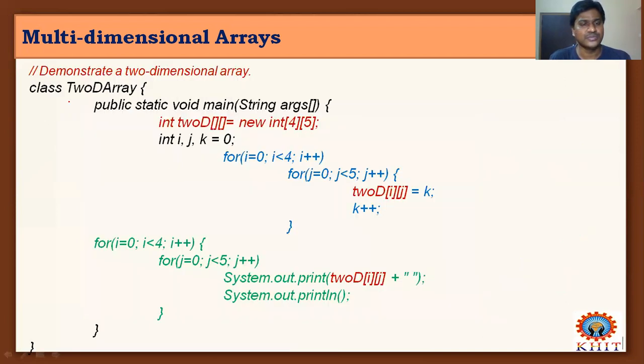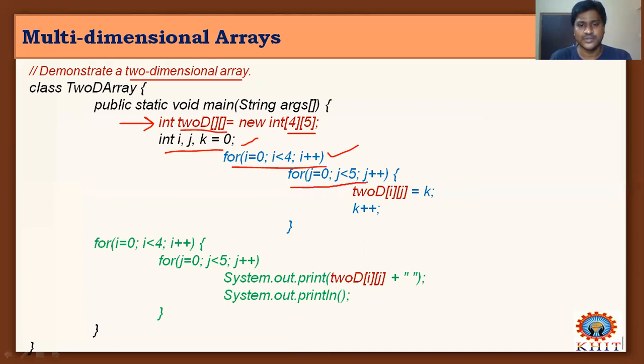Now, to understand this two-dimensional array well, let us look at the program. Here in the main method, I have declared one two-dimensional array of 4 by 5. These are the indexes to organize. The first for loop is for row major order access, reading the values into this array of size 4 by 5.